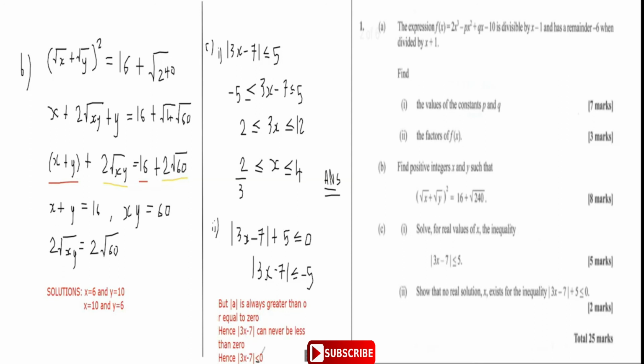Oh, this shouldn't be 0. This should be minus 5. Minus 5 has no solution. So that's the real reason, because we know modulus cannot be negative. So this has no solution. I'm going to write no sol, which means no solution. Nice and easy, and that takes care of question 1.